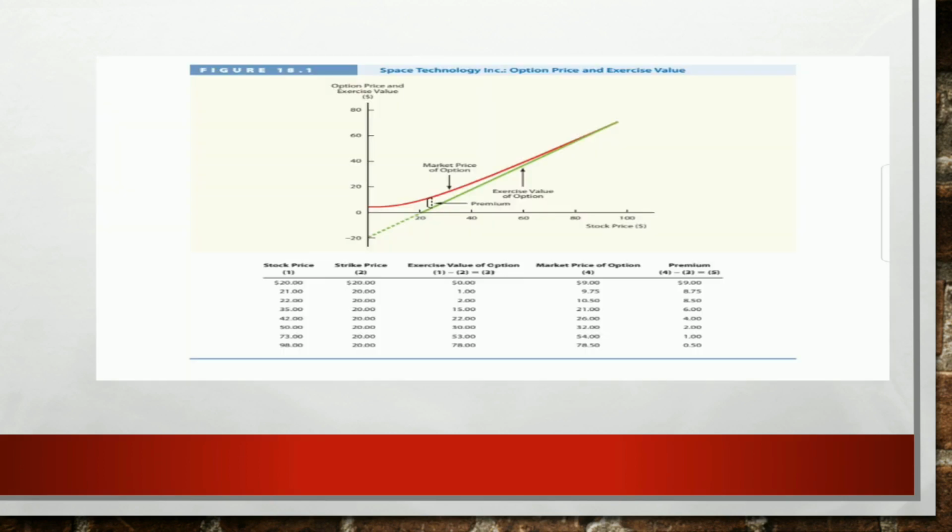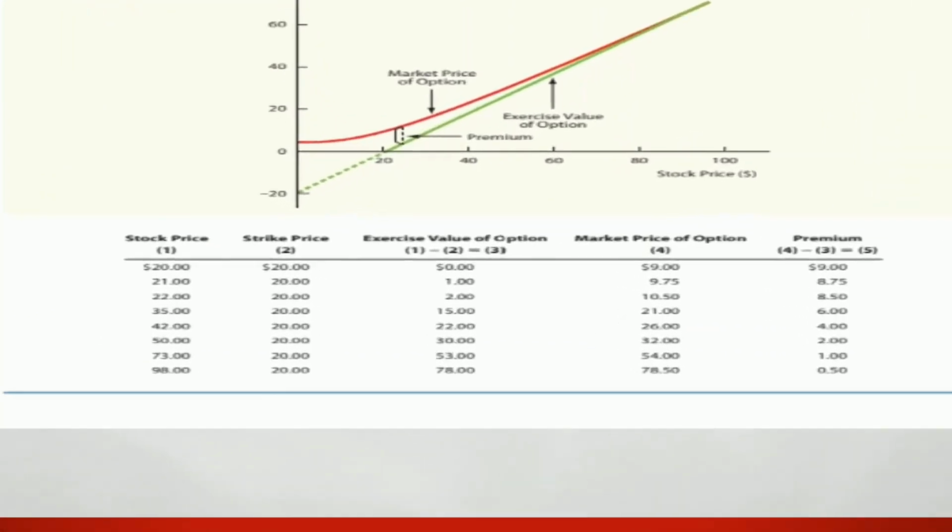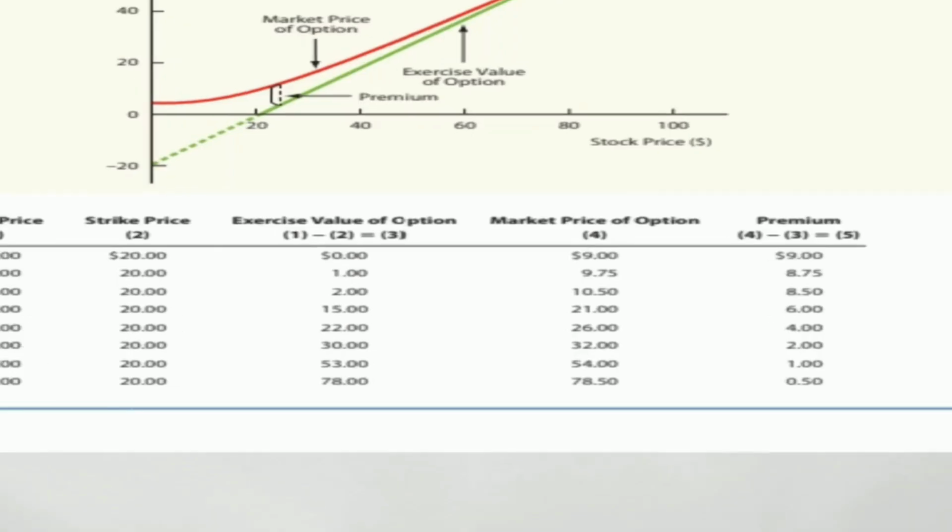So, we're going to take a look here at the graph. This presents some data on a company that recently went public and whose stock price has fluctuated widely during its short history. As we can see, at any stock price below $20, the exercise value is set at 0.